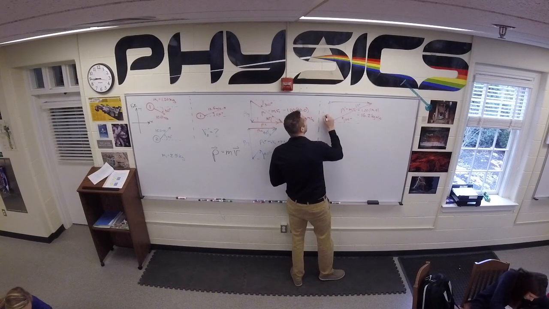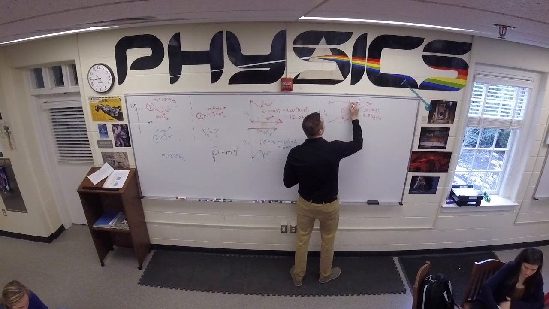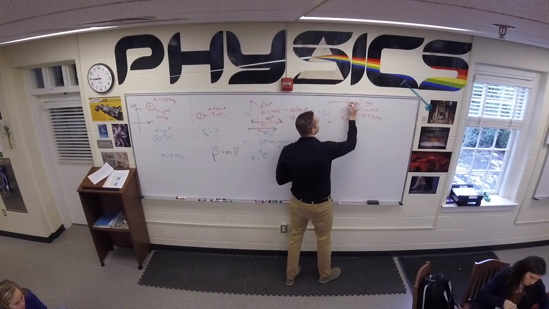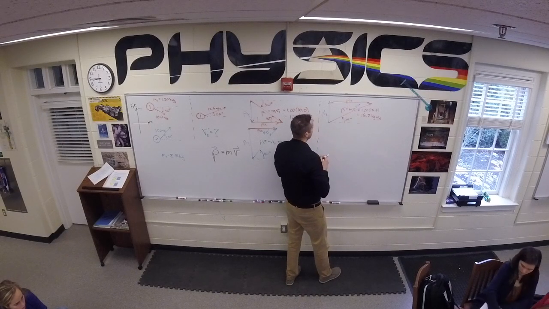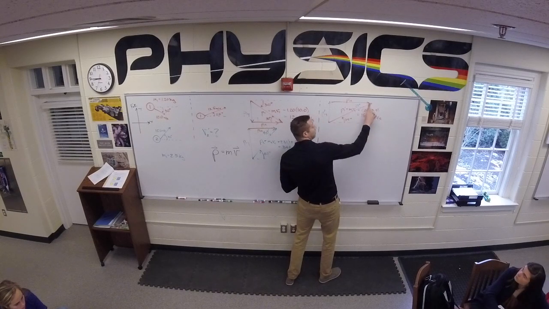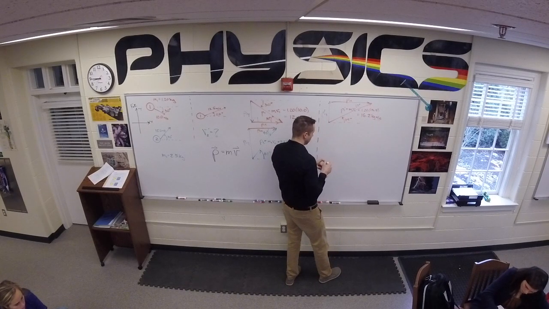This is P1y prime. This is P1x prime. Yeah, it would still be going to the right and then up.